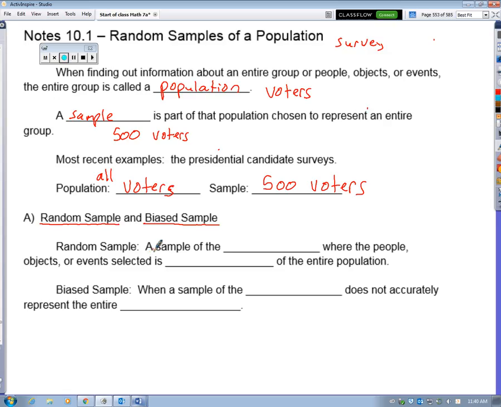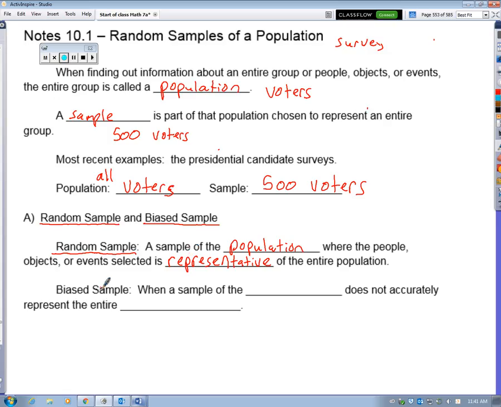A random sample is a sample of the population where the people, objects, or events selected are representative of the entire population. So these 500 voters would represent what everyone is going to do if it was a random sample, a random group of people.